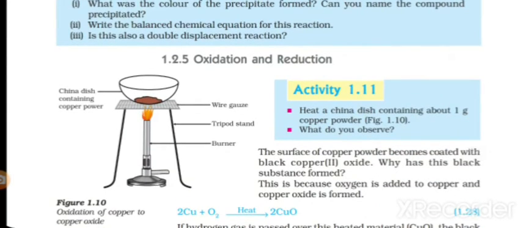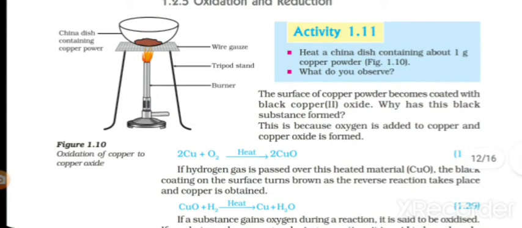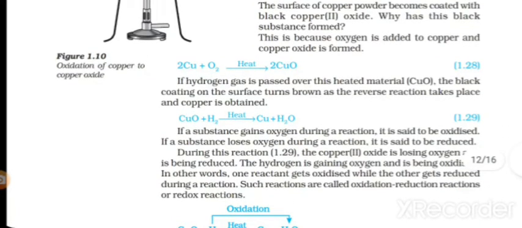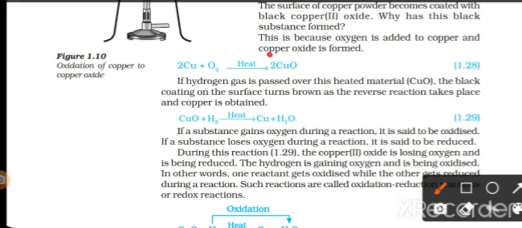Next comes the oxidation and the reduction. The oxidation and the reduction are two very important processes, wherein oxidation is when oxygen is added to any substance or any metal. Okay. When oxygen is taken out, it is called the reduction process. Okay. It is also mentioned here that oxygen is added to the copper and copper oxide is formed.